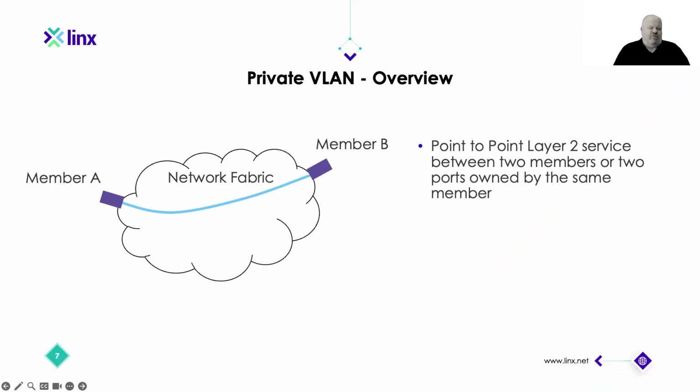We have had questions, well, can I use it if my 2 ports are on the same site? Yeah, you can. Depending on your bandwidth needs, it might be cheaper to just buy a simple direct cross-connect.